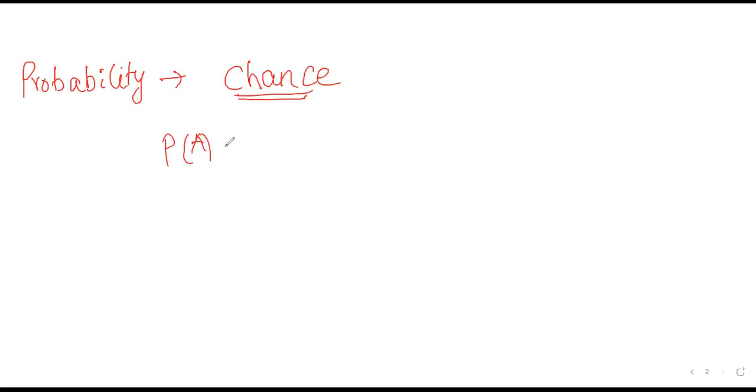The definition says that P of A, the probability of an event, is equal to: in the total outcomes, what are the favorable outcomes.